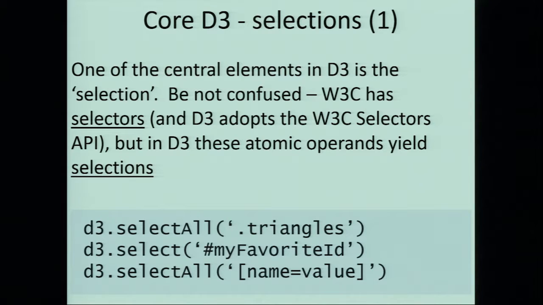When you make a selection with D3, it returns an object that contains the DOM element, but also has some other attached elements. And in particular, it has the data that you may be hanging off the DOM. There's select, which returns a single element, and select all, which returns all elements.